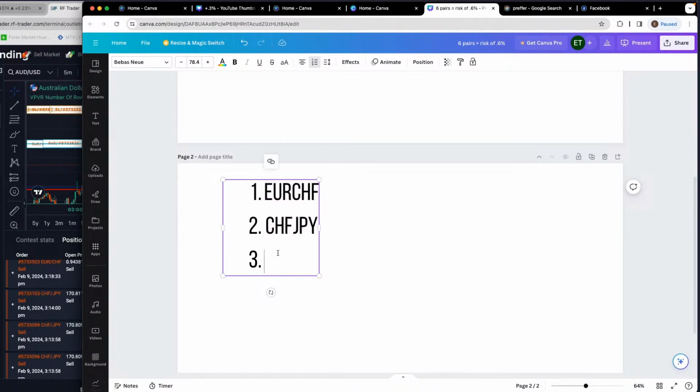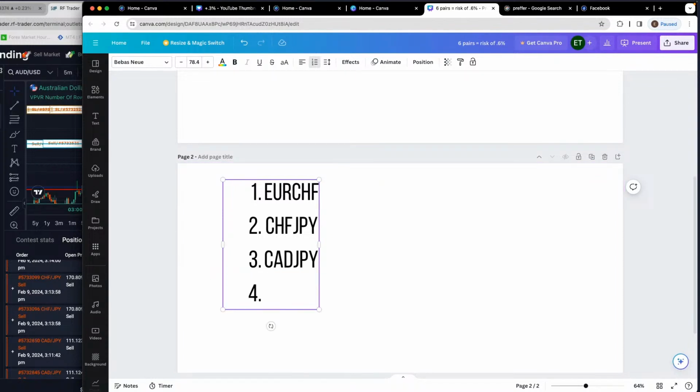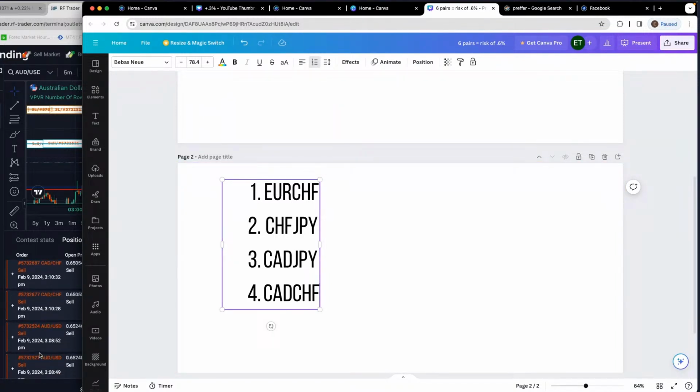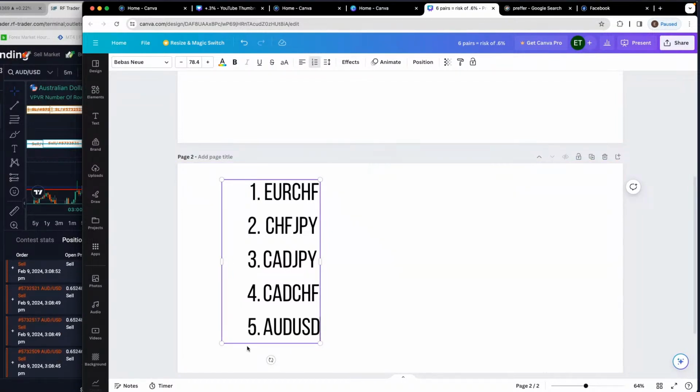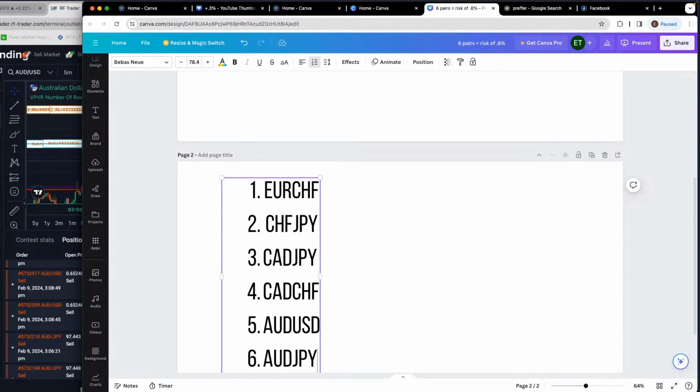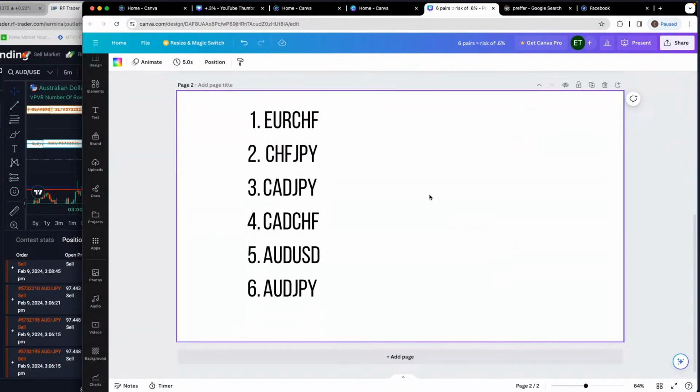Okay, CHF Gen, CAD Gen, CAD CHF, AUD USD, and AUD Gen. Those are the six pairs we are trading so far.